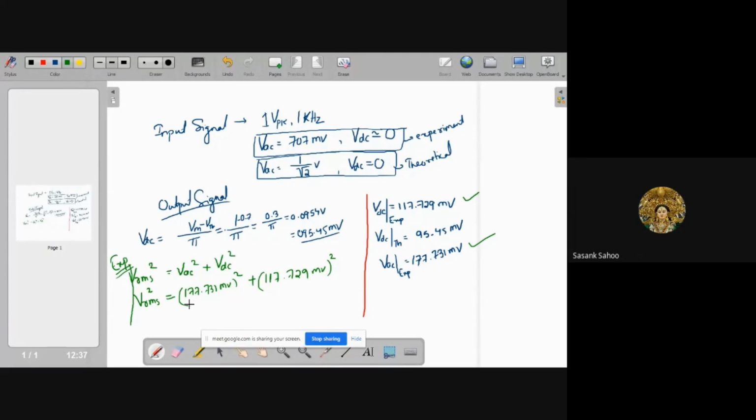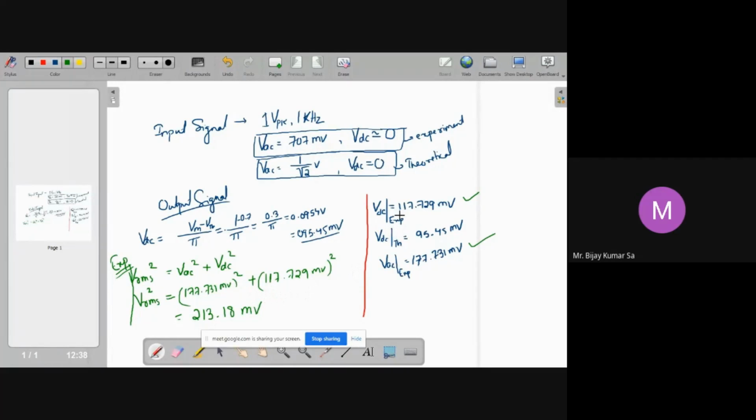So 213.18 millivolt. This is how much I am getting for the VRMS of the output signal, the rectified signal.